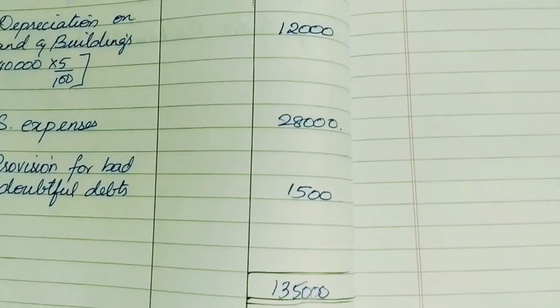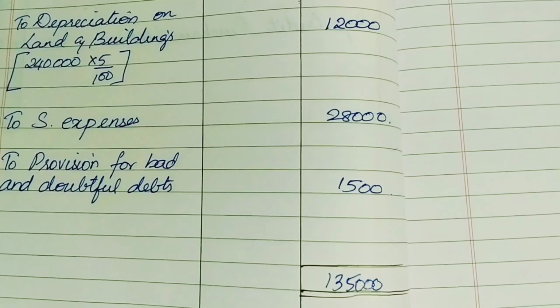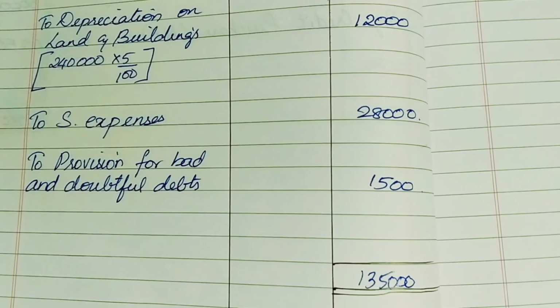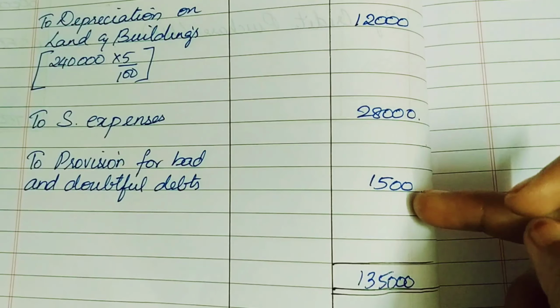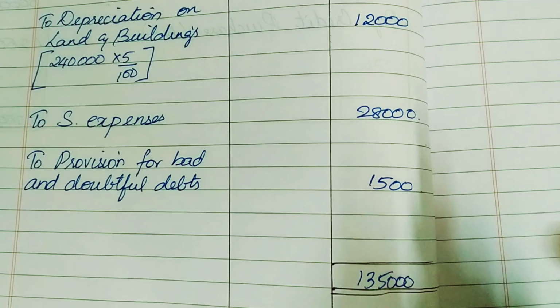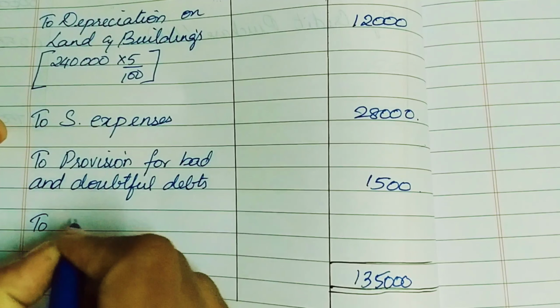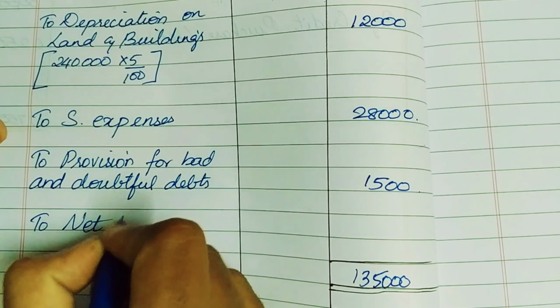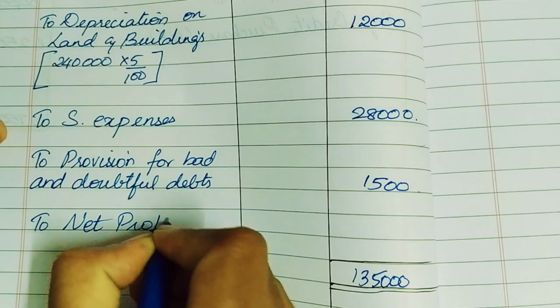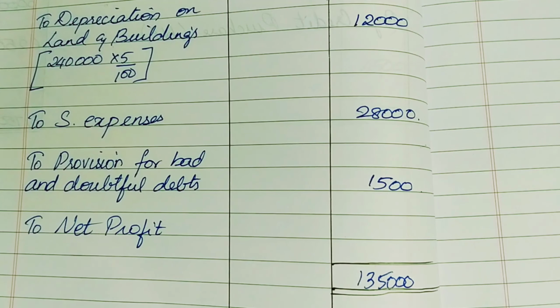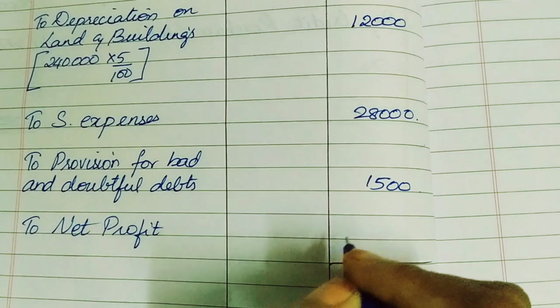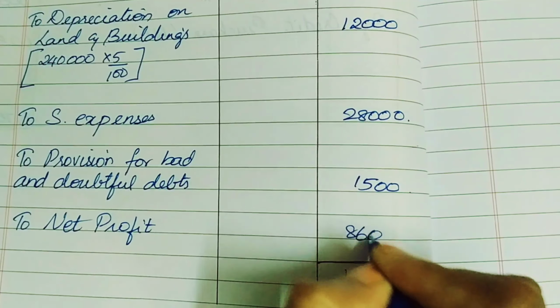After writing it as a grand total, moving on to the debit side, which has the least value, we are going to subtract 49,000, the total of the debit side, from 1,35,000. The answer is going to be recorded as net profit, and it is going to be added along with the capital. So if you subtract 49,000 from 1,35,000, you get 86,000 as your net profit.